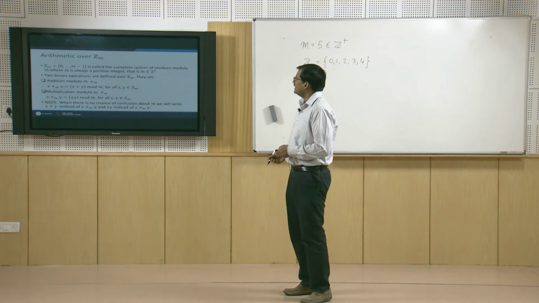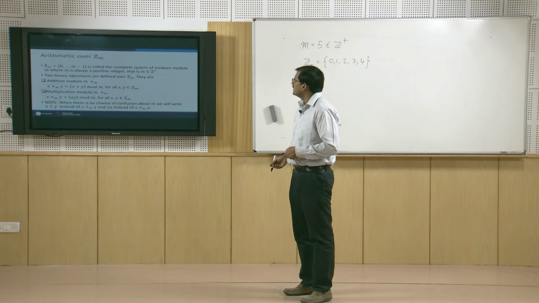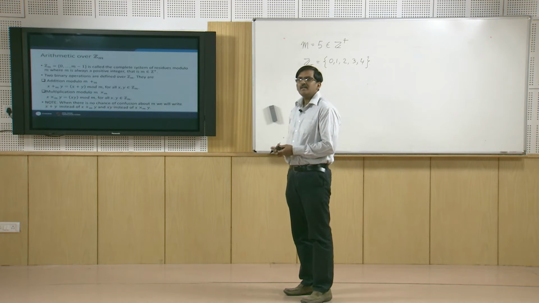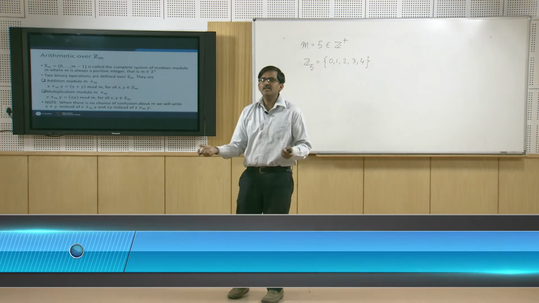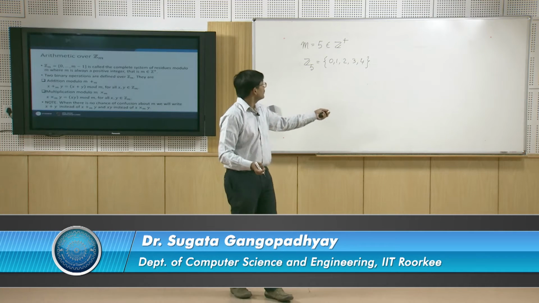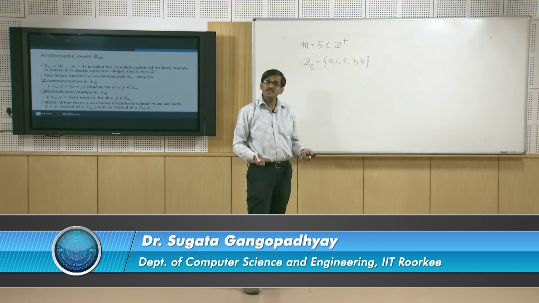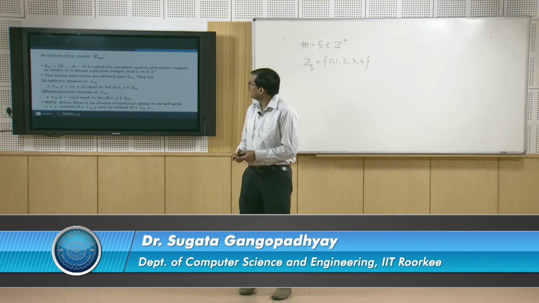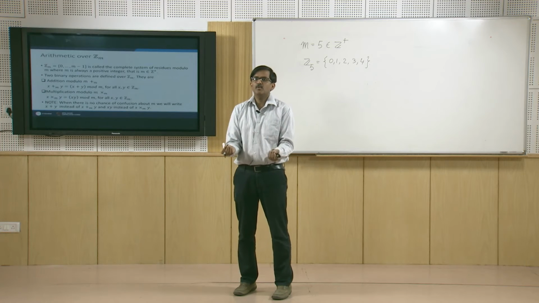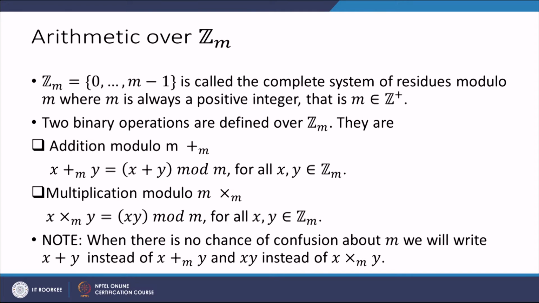And now I define an addition. So what I do is I take any two integers in Zm. In this case it might be Z5, so something between 0, 1, 2, 3, 4, and once I do that, I will add them as integers and then reduce modulo m. So that is exactly what I am doing over here. So I am taking x, and here this sum is a little different.